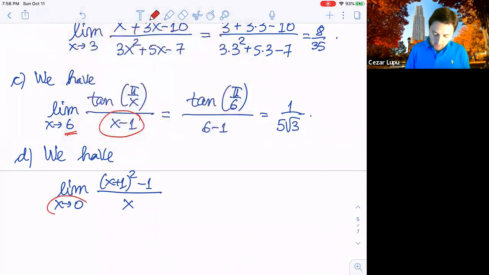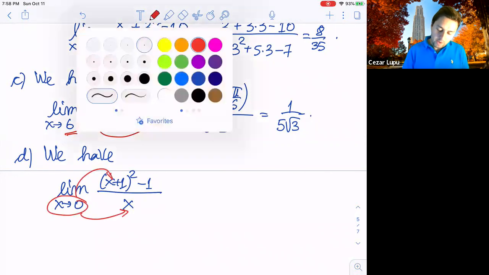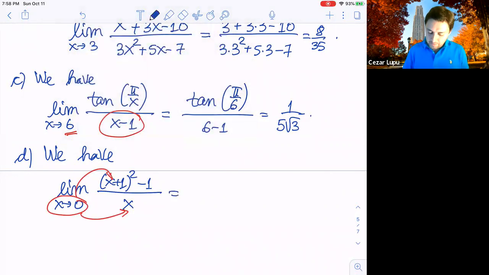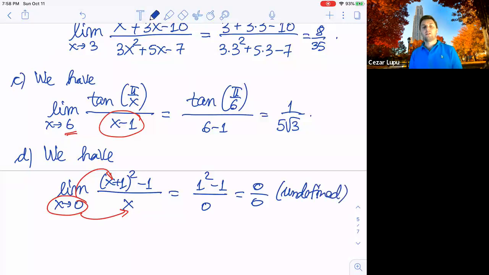Keep in mind that x goes to 0 here. So we're going to plug it in here and in here. So this will give us 1 squared minus 1 over 0, which is 0 over 0, which is again undefined. So keep in mind that when you divide 0 by 0, that's undefined. So maybe we should do something about it.